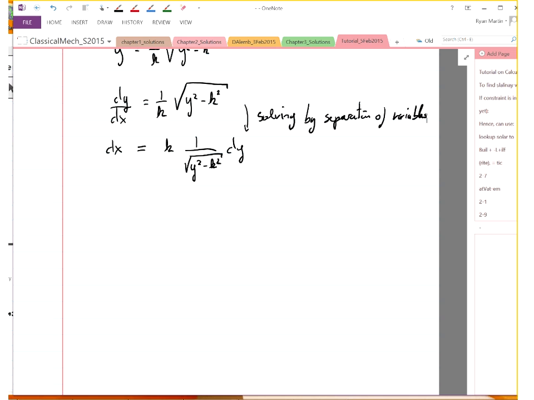So written like this, I can write this as an integral, right? So I have x is given by k times the integral of 1 over square root of y squared minus k squared dy.